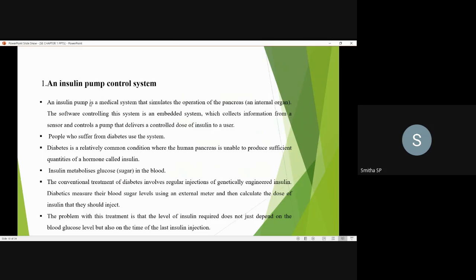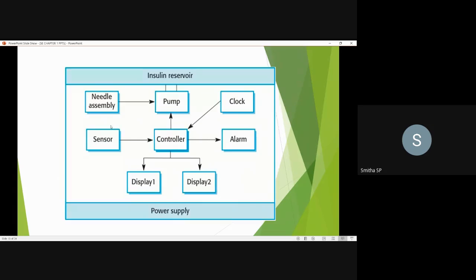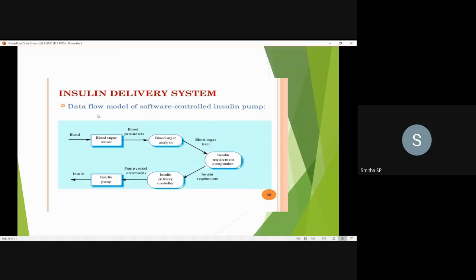In today's session we discussed the insulin pump control system: what it is, how it works, and in which cases we make use of it. This shows the activity model of the insulin pump, and this is how the insulin delivery system works. It has been depicted by using the data flow model of a software controlled insulin pump. Thank you.